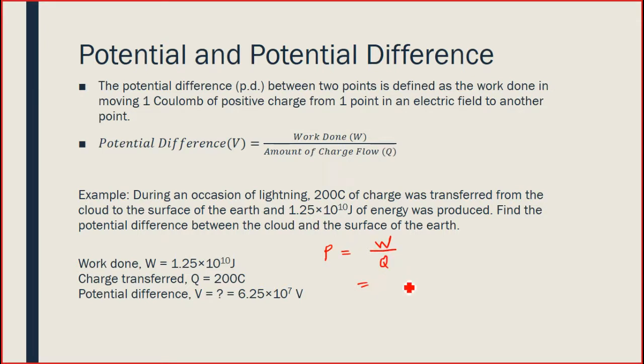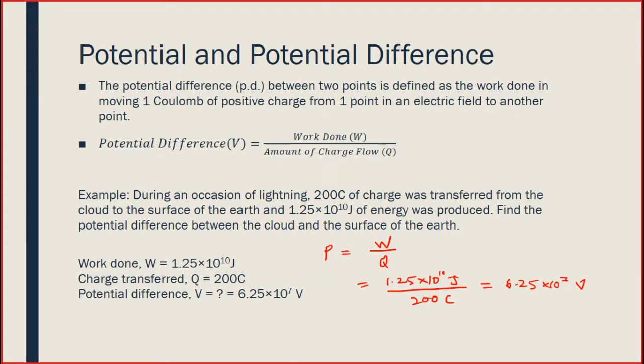We have the work, which is 1.25 times 10 to the power of 10, and the amount of charge transferred, which is 200 coulomb. Divide these values, and you get the potential difference between the cloud and the surface of the earth: 6.25 times 10 to the power of 7 volt.